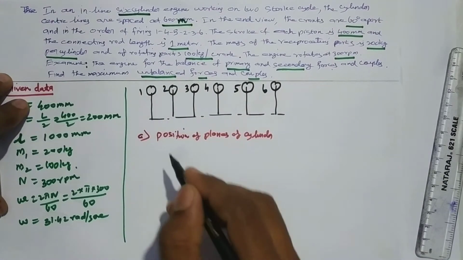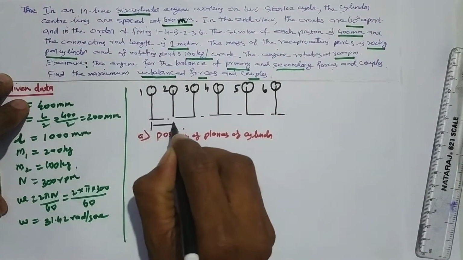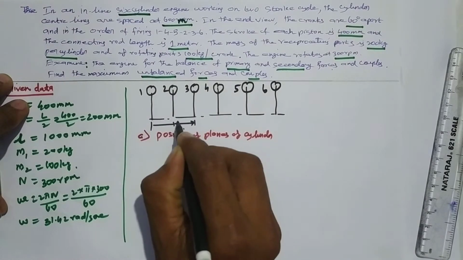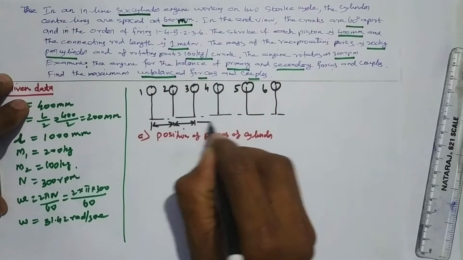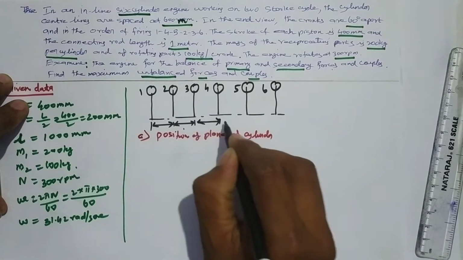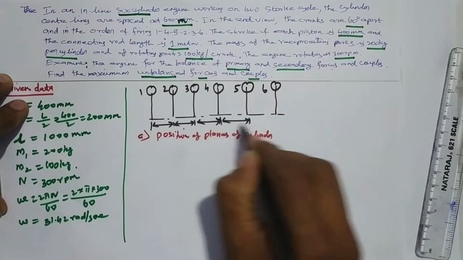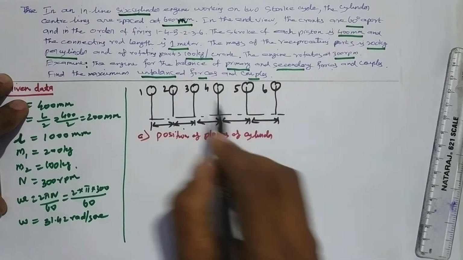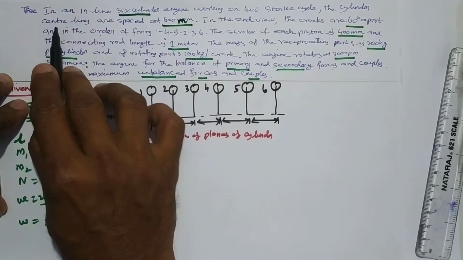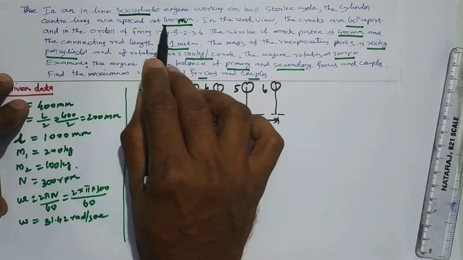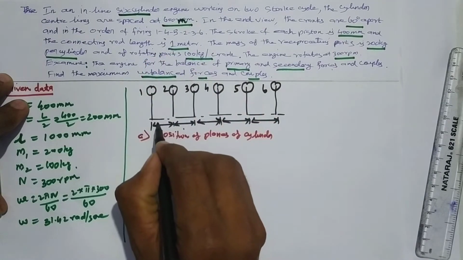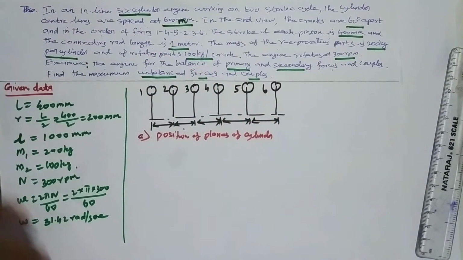The distance between each cylinder is 600 mm, as clearly given, the cylinder center lines are spaced 600 mm.